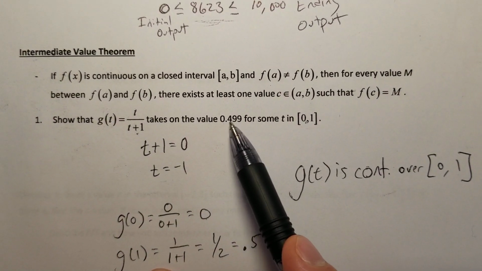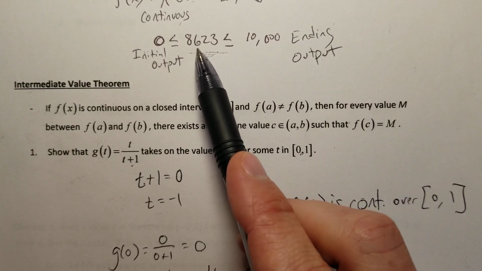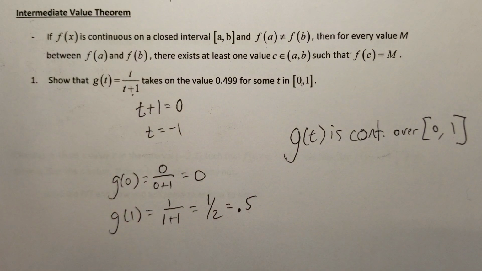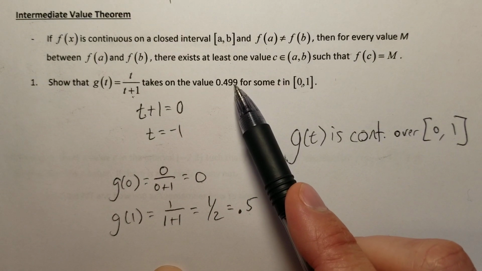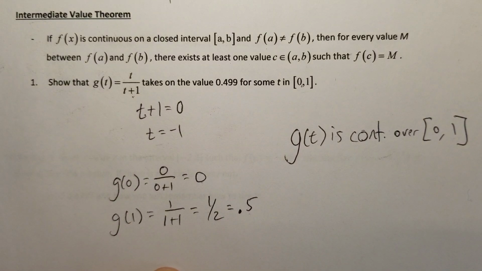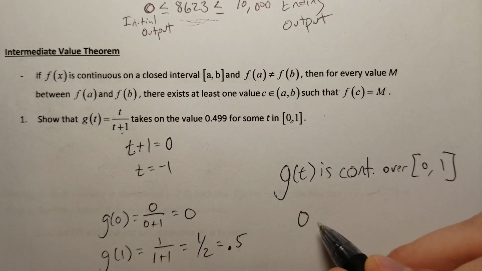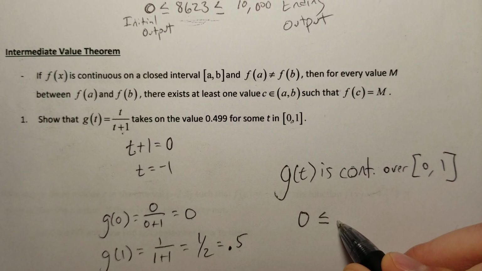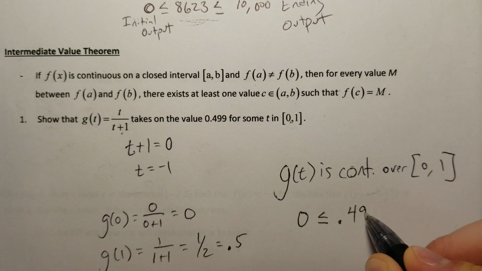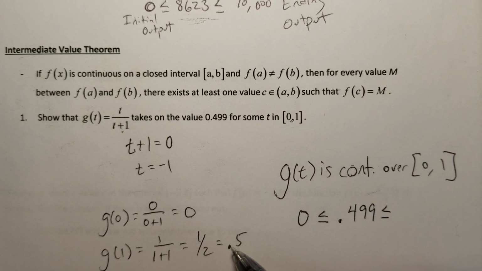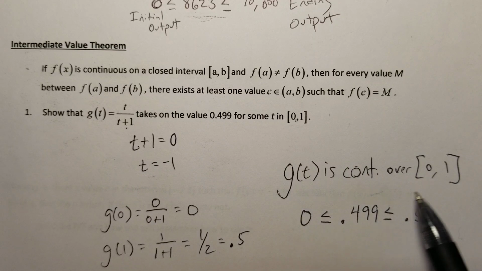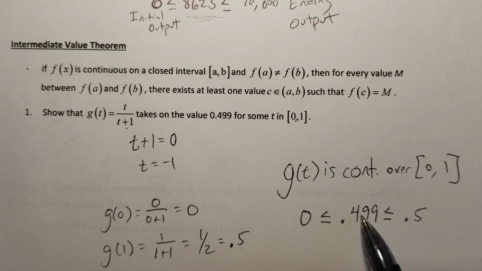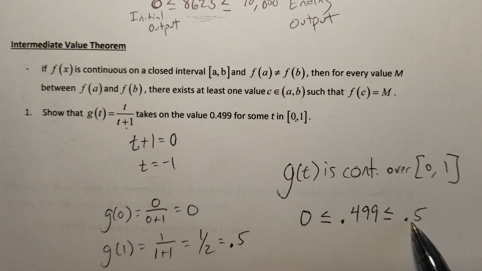and I want to show that I hit 0.499, that's the 8,623, and I want to be able to ensure that I do that. Now, the way that I can show that is by showing that 0.499 does indeed fall between those two outputs. So I'm going to do that in an extended inequality. I'm going to say 0 is less than or equal to 0.499, which is less than or equal to my ending output of 0.5. So g of t is continuous over that interval of inputs, and the output that we want falls between the initial and the ending output.